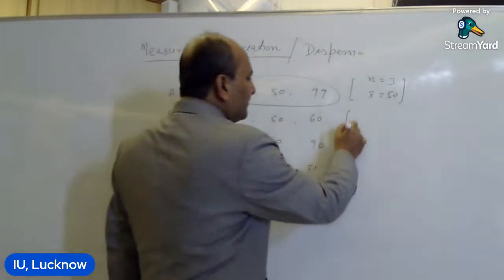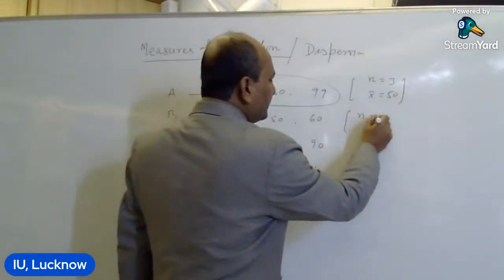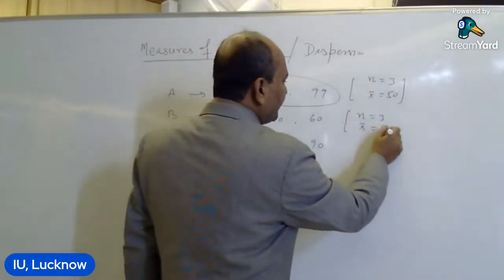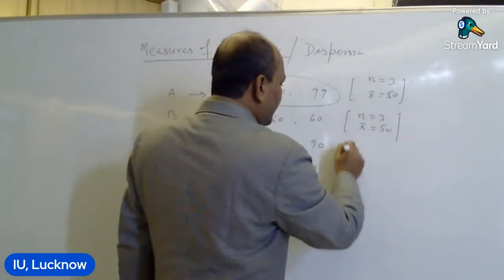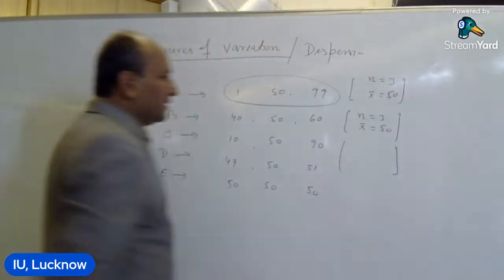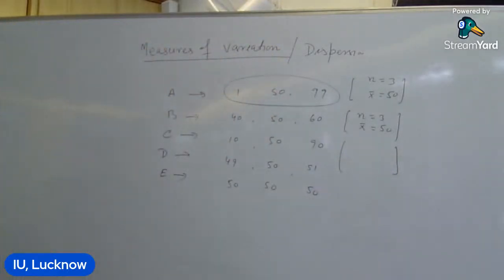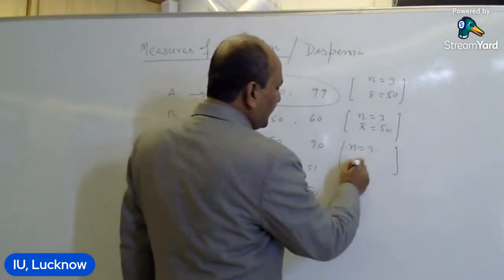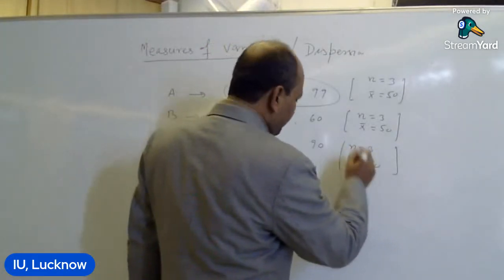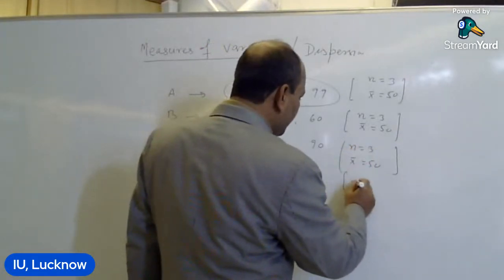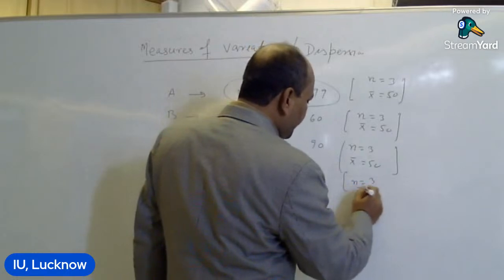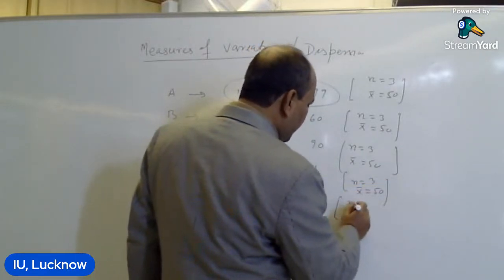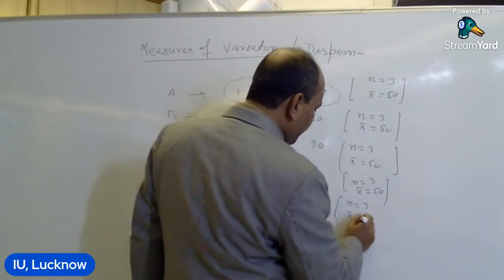Again we have 3 observations, and the mean is 50. The third one also gives n is equal to 3 and mean equal to 50. This is also n equal to 3 and mean 50. This one also has n equal to 3 and mean 50.